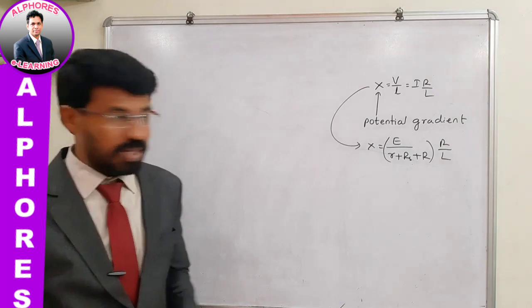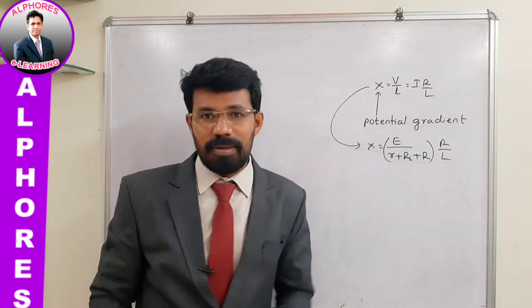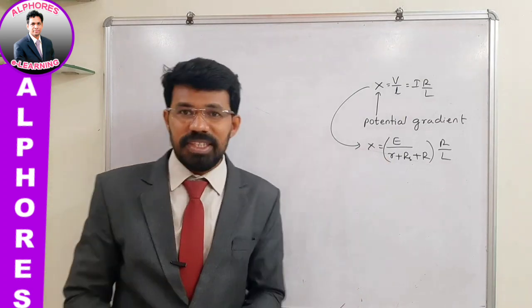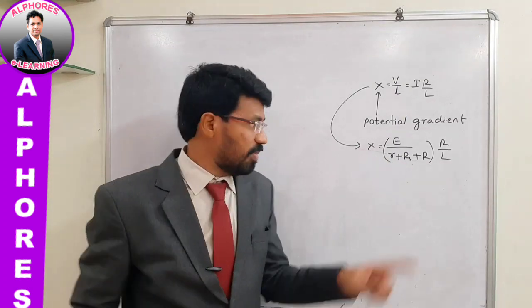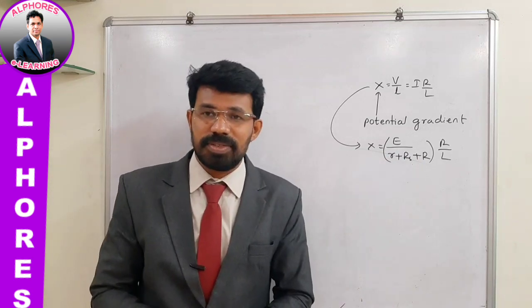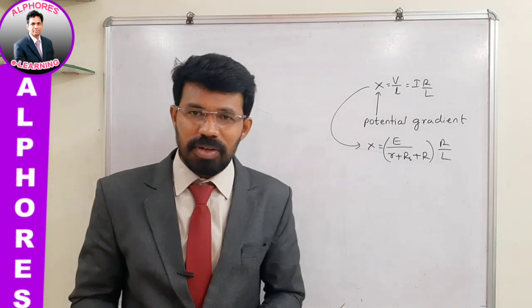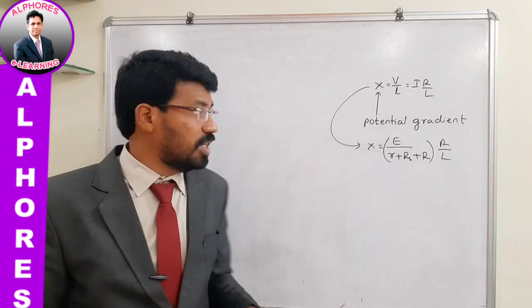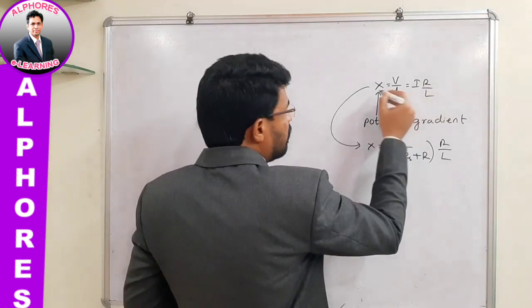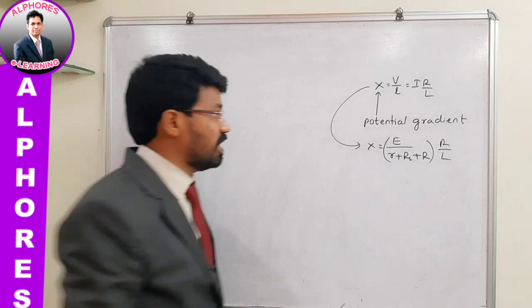I is equal to E by r plus Rs plus R, where small r is the internal resistance of the cell, Rs is the series resistance and capital R is the resistance of the potentiometer wire. All the problems we deal with from now onwards are connected with these details. If you want, you can replace R by L with resistivity, or specific resistance, both are the same.